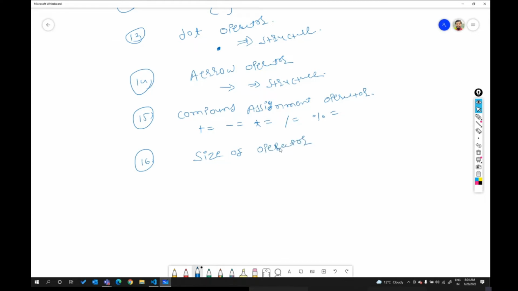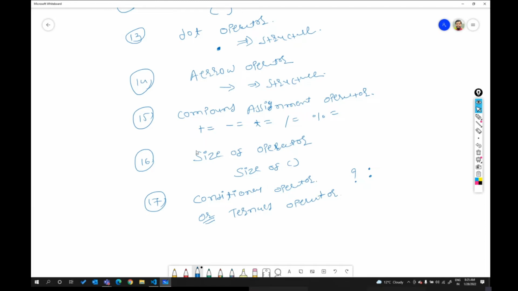This is useful when we have to find the size of my data type or the size of my variable. And the last one is the conditional operator. So conditional operator is also called the ternary operator.